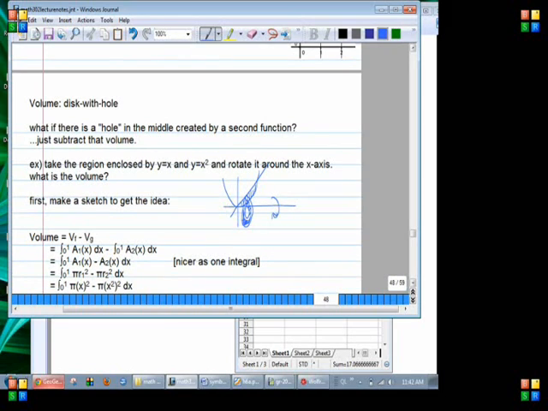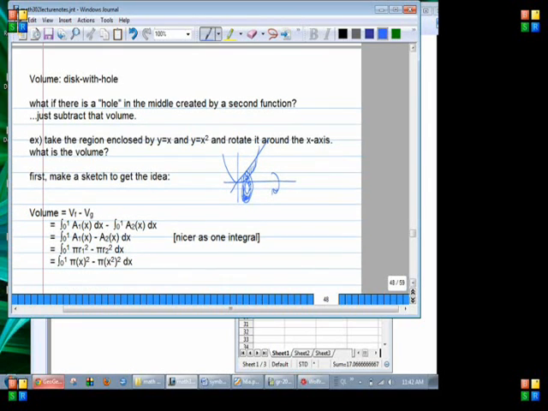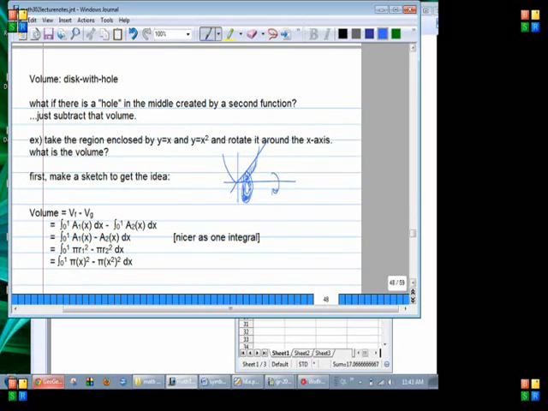And naturally, for the outer function, y equals x, its radius is x. The inside function, which creates the hole you're taking away, is x squared, so that radius is x squared. So you wind up with the integral of pi x squared minus pi (x squared) squared. And the rest of this is very easy to do. Obviously, it's the setup that's difficult in these problems.